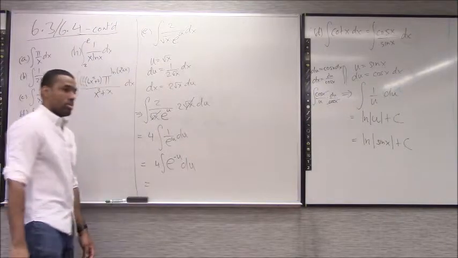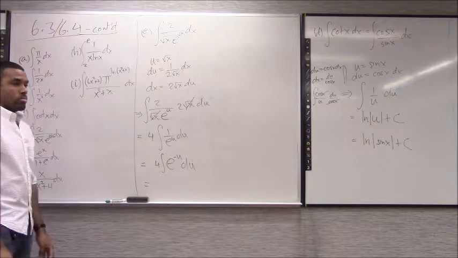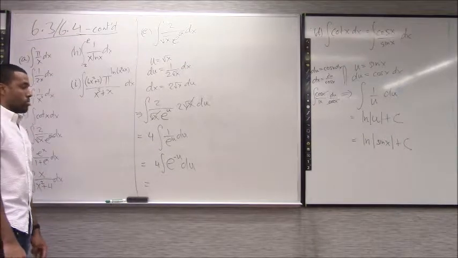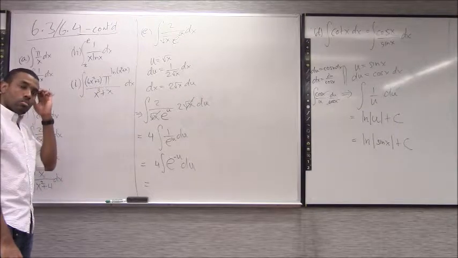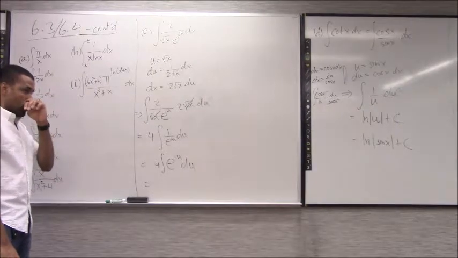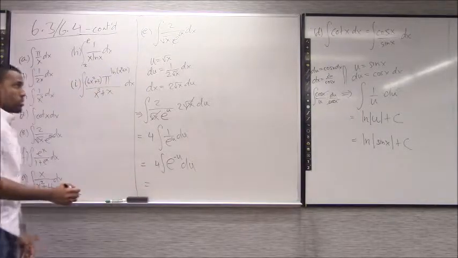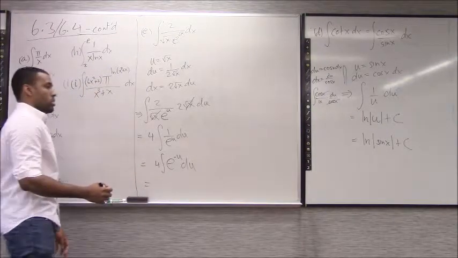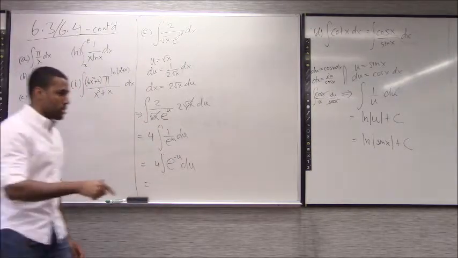And what's the integral of e to the negative u? Negative 1 e to the negative u, or 4 times negative 1. Yes, but only because it's equivalent. Technically you're dividing by the negative 1, so don't forget that rule.